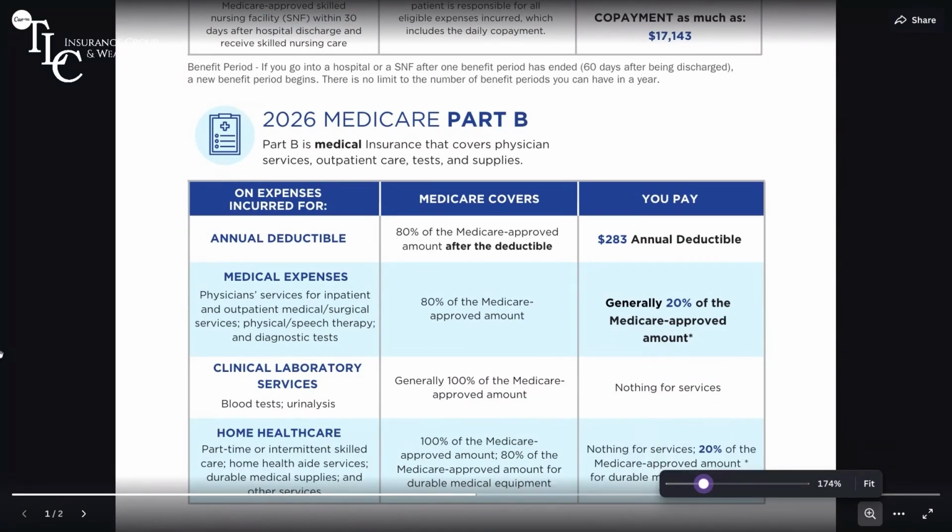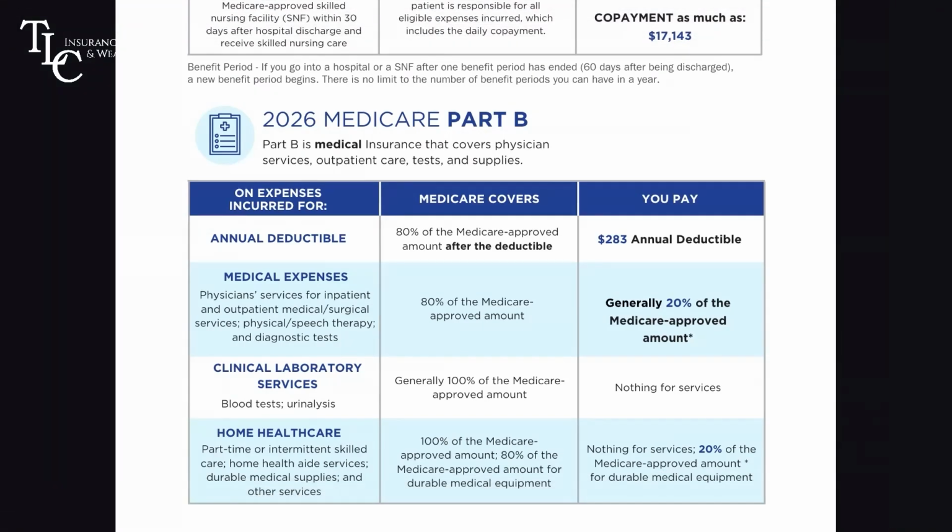Medicare Part B is medical insurance. It's going to cover physician services, outpatient care, tests, and supplies. And so while we're looking at Medicare Part B, unlike Medicare Part A, we have an annual deductible. This annual deductible amount for Part B for 2026 is $283.